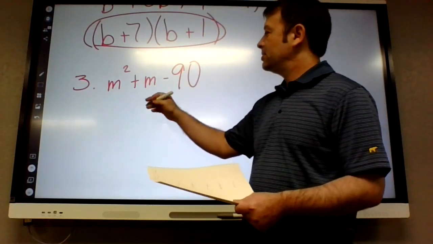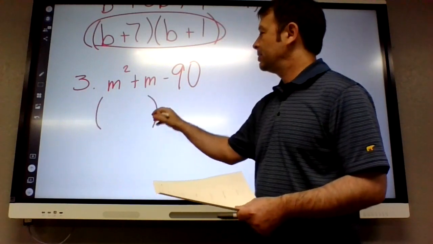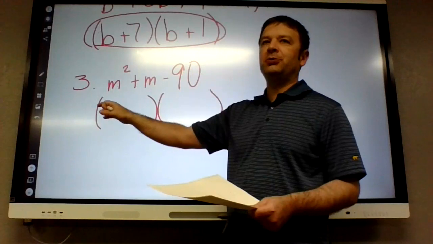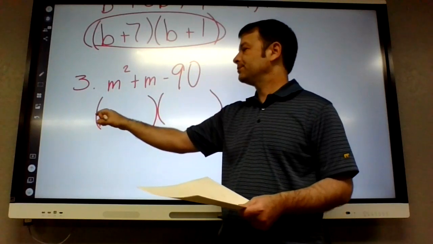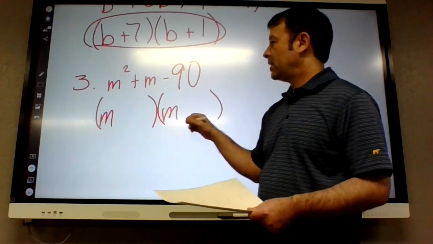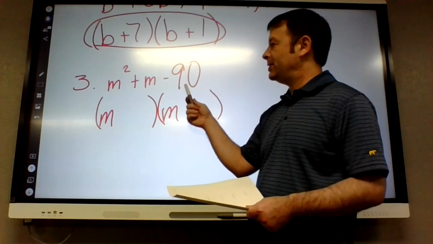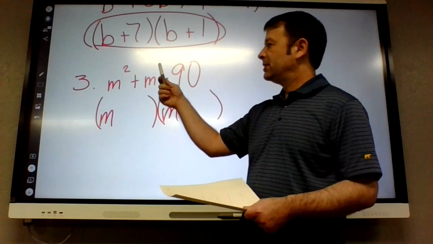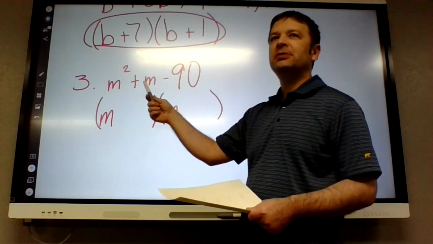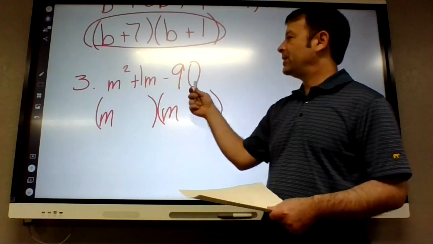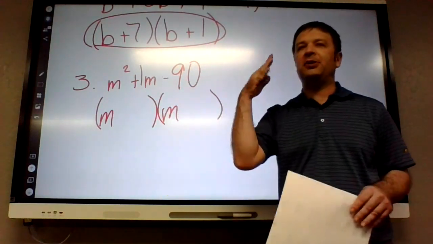All right. So on this one, what's going to go in the front? What goes in the front? For the back, what multiplies into negative 90 that adds up to positive 1?